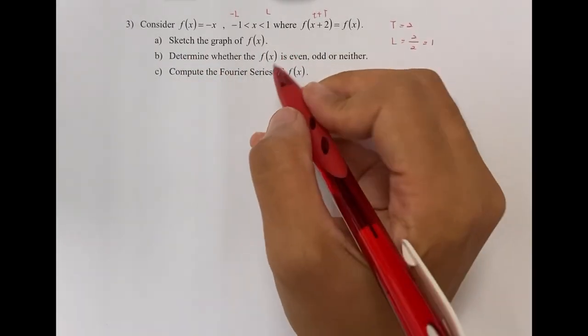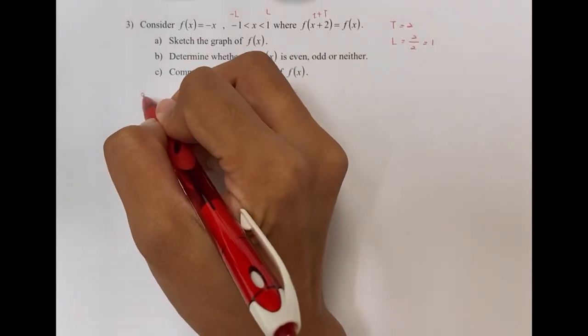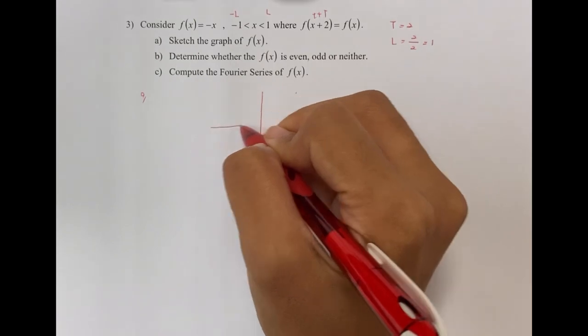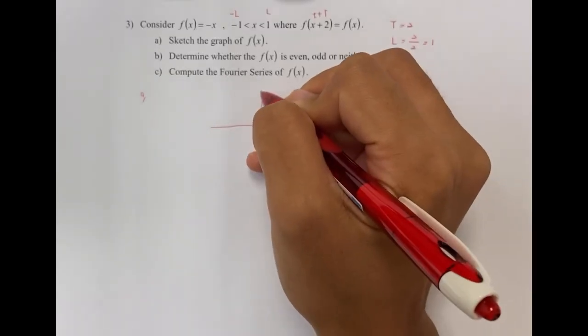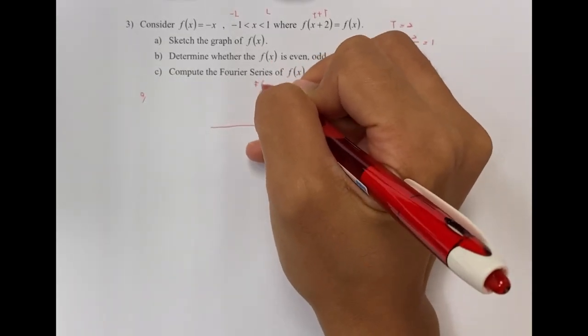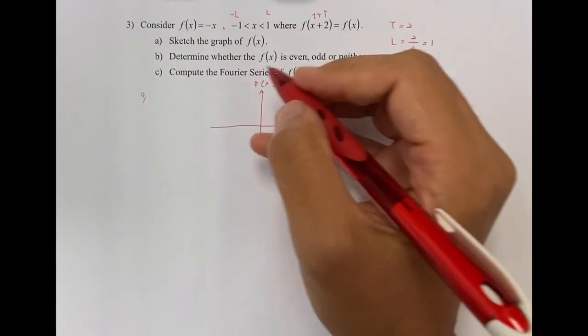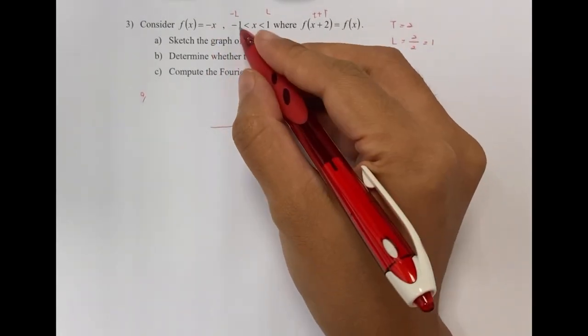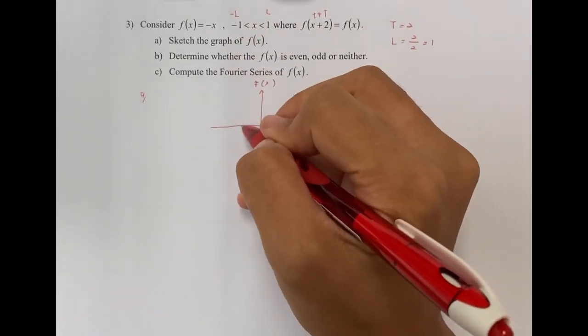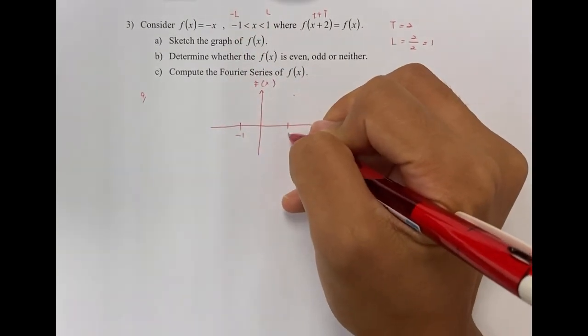Sketch the graph of f(x) first. So this is f(x), this is x. f(x) is equal to negative x from negative 1 to 1.